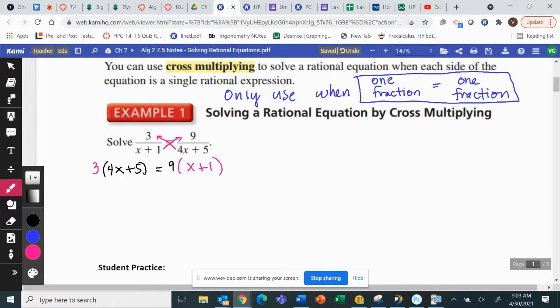So notice that the binomials I kept in the parenthesis, because what am I going to have to do with that 3? Distribute. Excellent. So we'll go ahead and distribute. And I have 12x plus 15 equals, and I'll distribute the 9x plus 9.